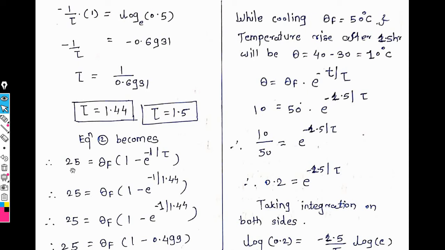Then equation number 2 is at temperature increase from 25 degrees Celsius to 37.5 degrees Celsius.